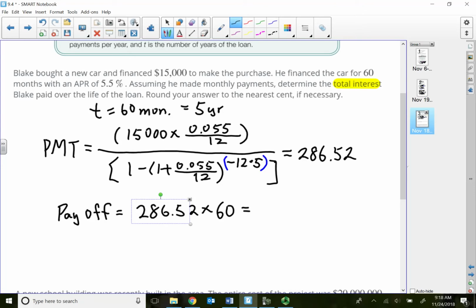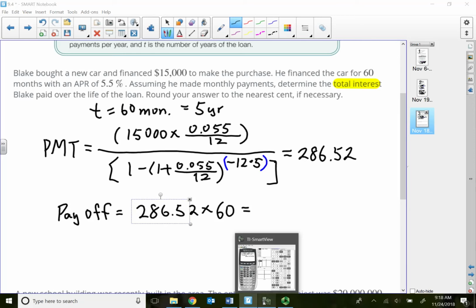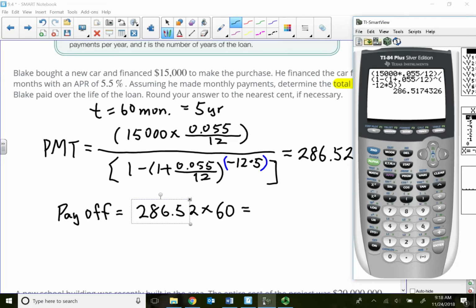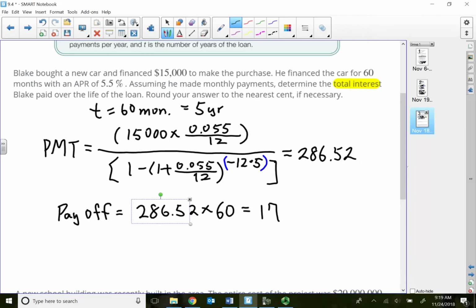So this will give me the total amount coming from the payment. Once he paid $286.52 for 60 times, he has paid off the car, which is $17,191.20. So inside the 17,000, it has what he financed, the 15,000, plus the interest.